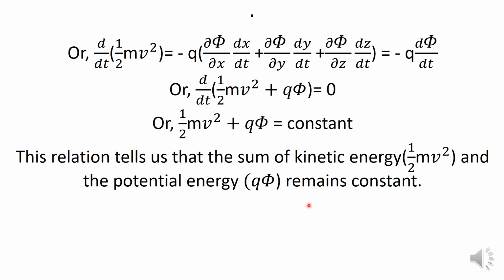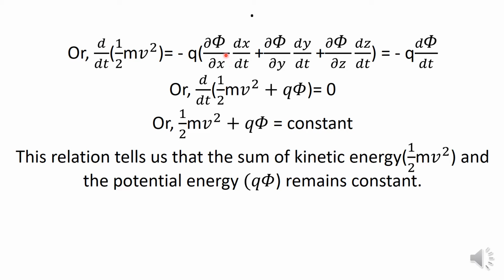Then we can write m dv/dt · v as d/dt of (1/2 m v²), which equals -q grad phi · v.